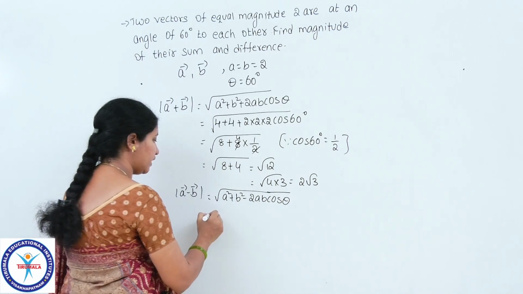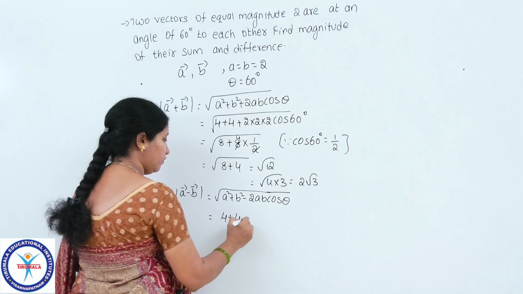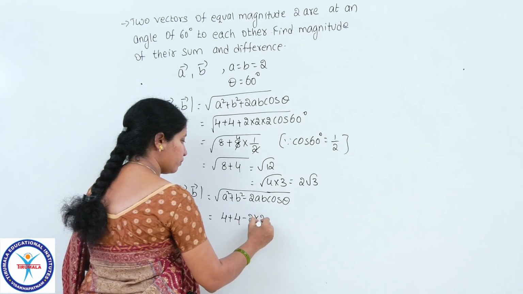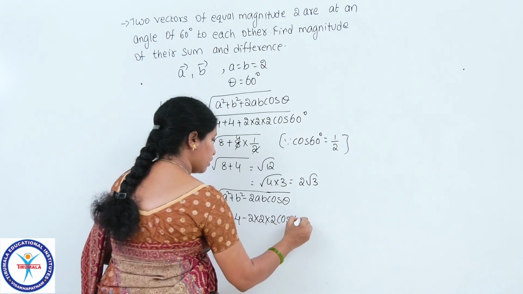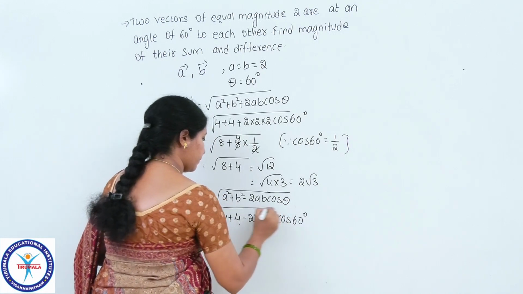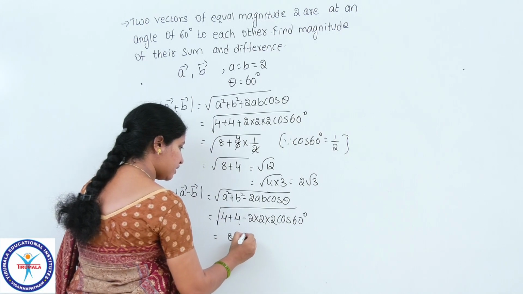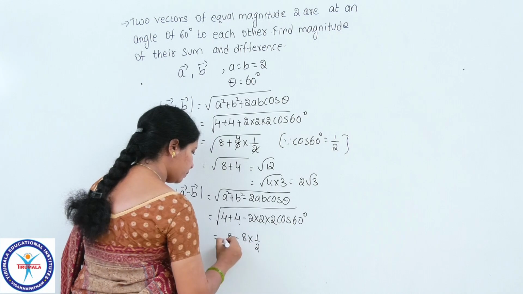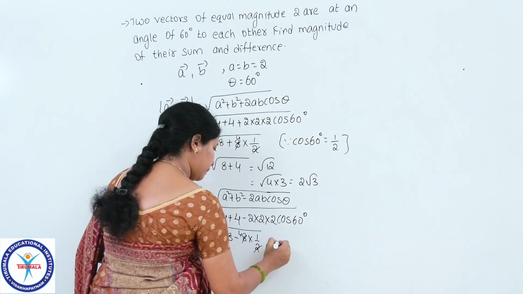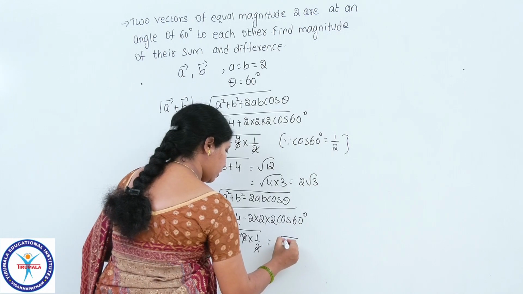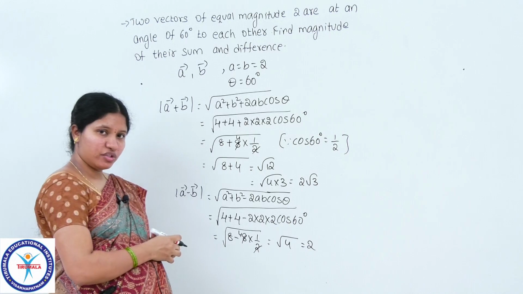So that equals, what is A square? 4 plus 4 minus 2 into 2 into cos 60 degrees. That equals 4 plus 4 is 8, minus 8 into 1 by 2. 2 cancels 8 four times. So 8 minus 4 gives you 4, root 4 is equal to 2. So their difference has magnitude 2.